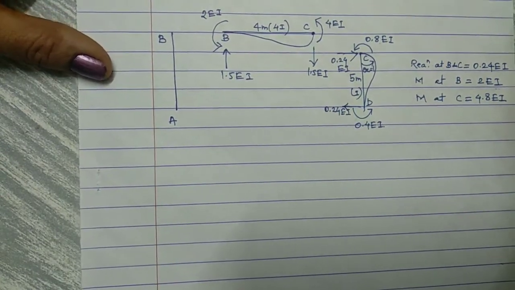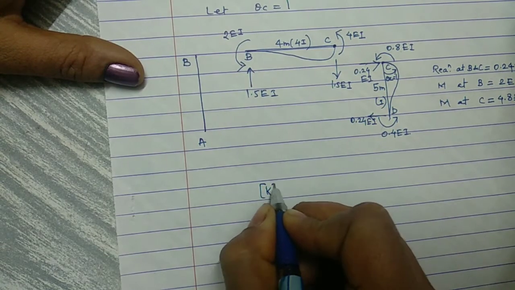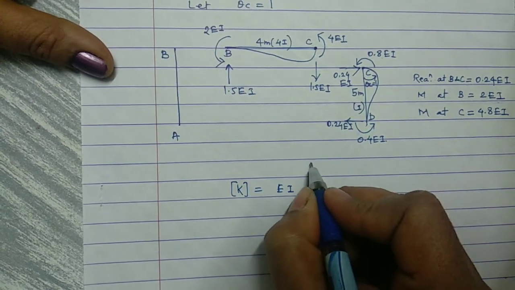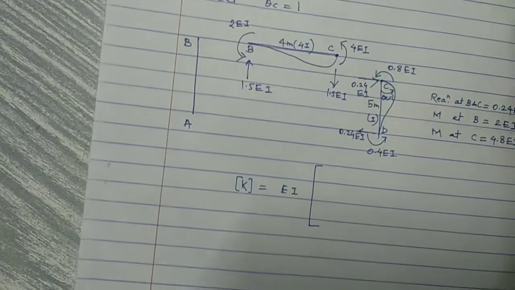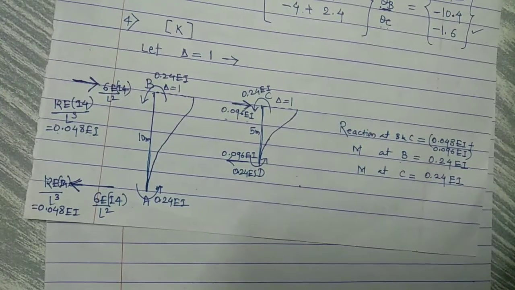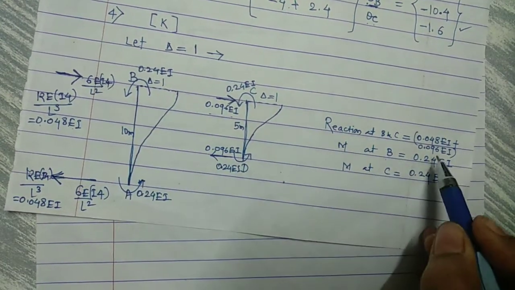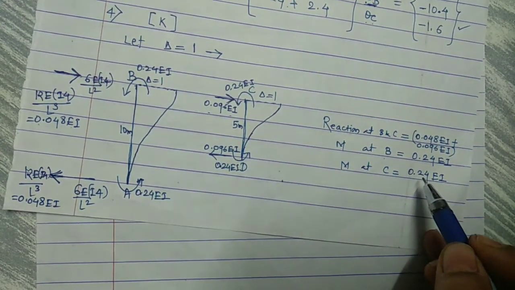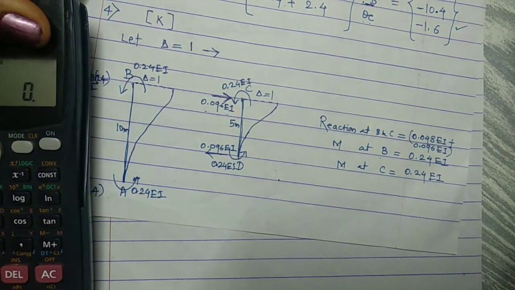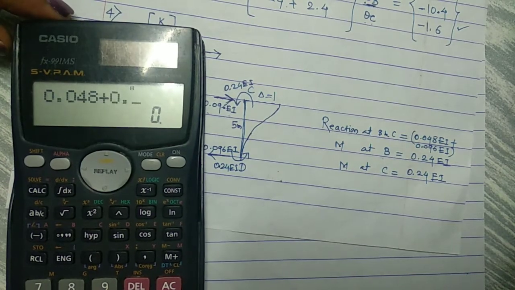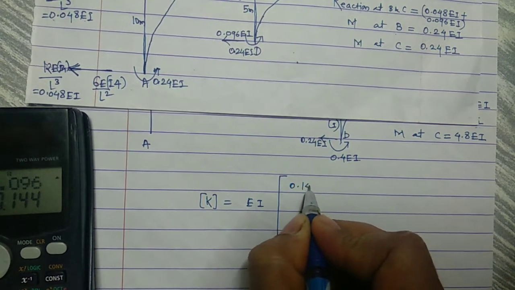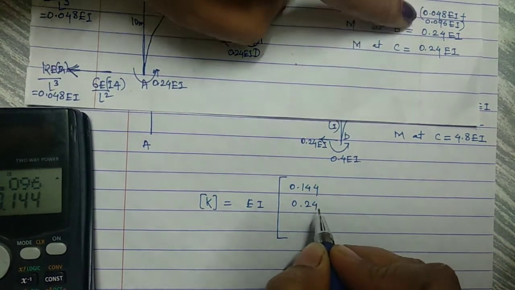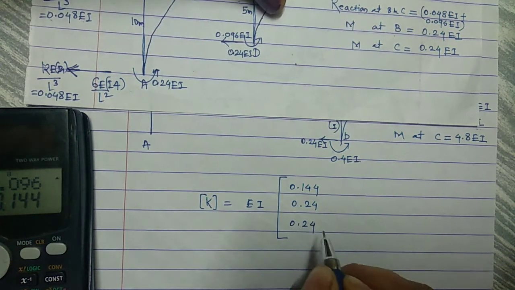So write down the final stiffness matrix K, taking EI outside the matrix, from the three columns that we have formed earlier. From the first figure, when delta is equal to 1, these are the values that we have calculated. Very first value 0.048 plus 0.096, so that is equal to 0.144. Then the second value 0.24 and the third value 0.24.